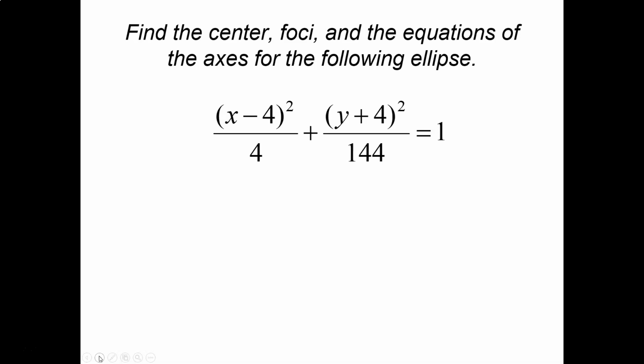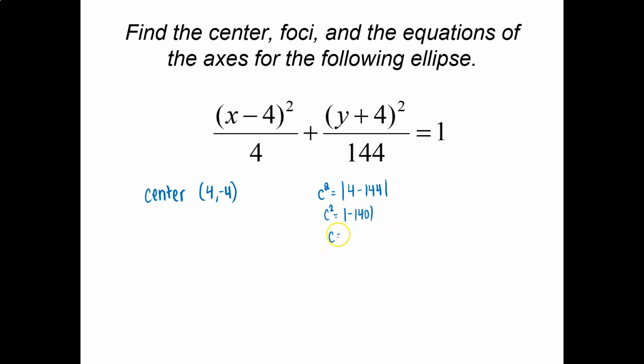Okay, so let's do center. Everything stems from the center, so you always want to find it first. This one would be 4, negative 4. For our foci, we would do that c squared equals absolute value of a squared minus b squared, which will be c squared is absolute value of negative 140.